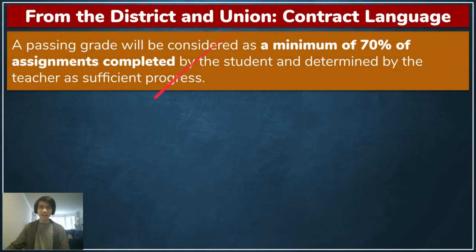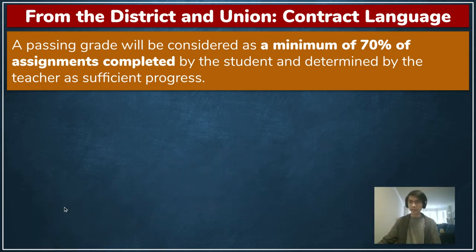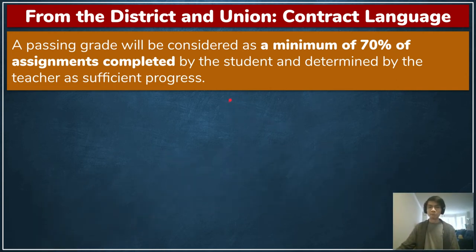So let's talk about what the union and the district agreed upon in terms of language for pass no pass. A pass is considered a minimum of 70% assignments completed. So I don't know what my total number of assignments would be. I don't know what N will be, that variable. But after your teachers reach the end of the school year, we're going to count up our assignments from the latter half of second semester.